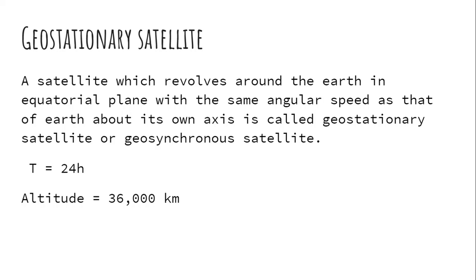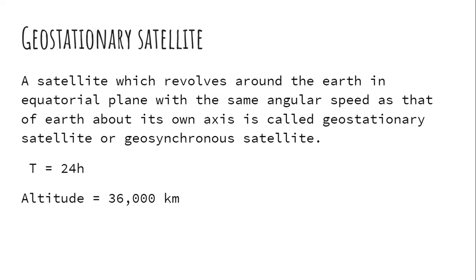Now, a geostationary satellite, but it's just stationary, kind of. You feel like it's stationary because it revolves around the Earth in the equatorial plane with the same angular speed as the Earth about its own axis, so it is called geostationary, and it's also called a geosynchronous satellite.